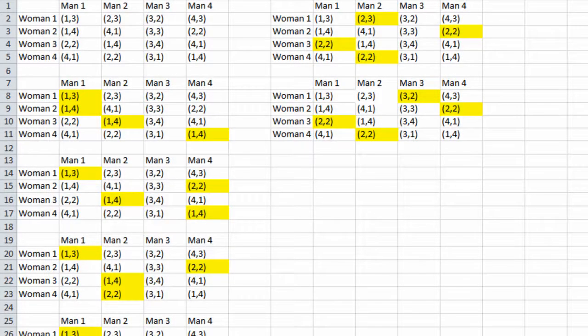For the acceptance algorithm with the 4x4 matrix, in which the woman proposes to the man. So the women are on the rows and the men are on the columns. In the algorithm, in each round, each rejected woman proposes to a favorite man who hasn't already rejected her.